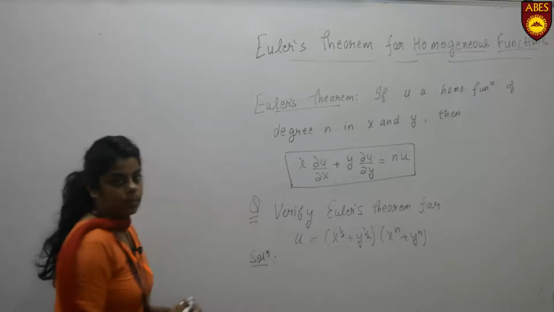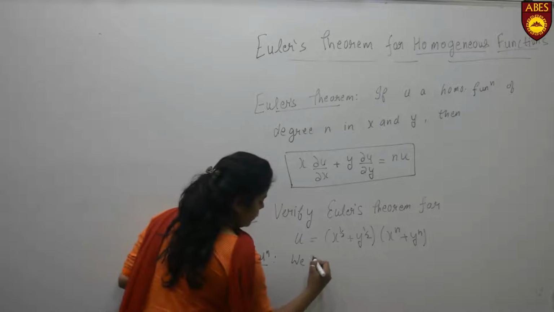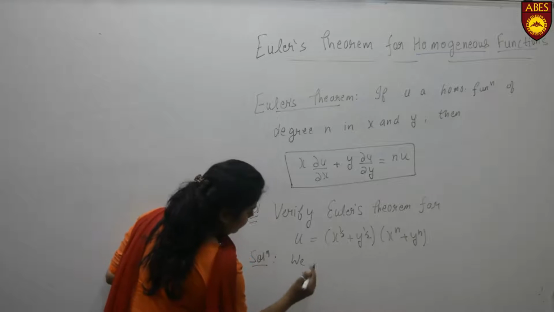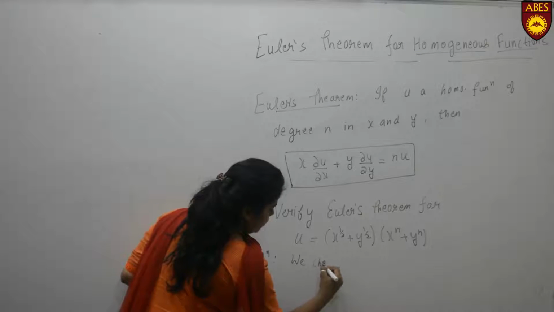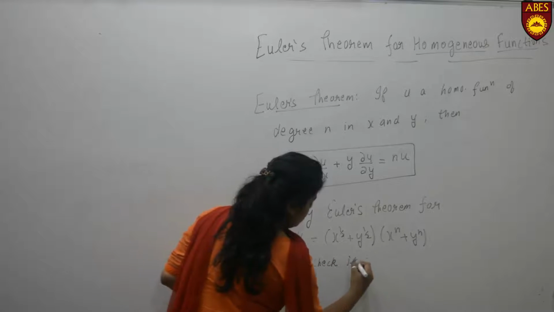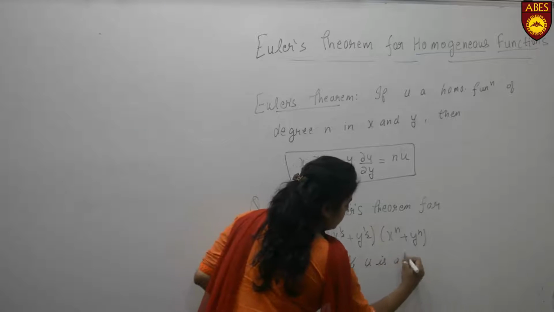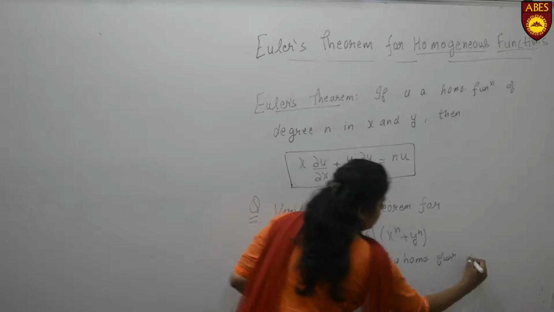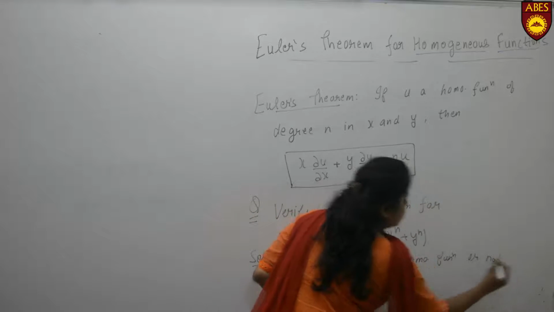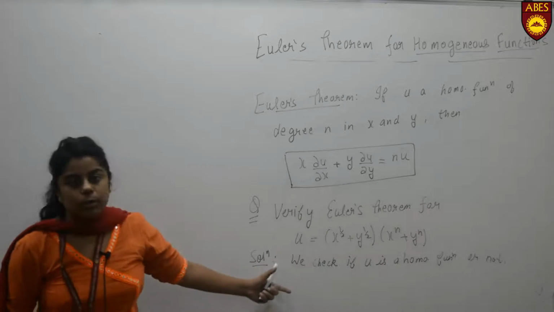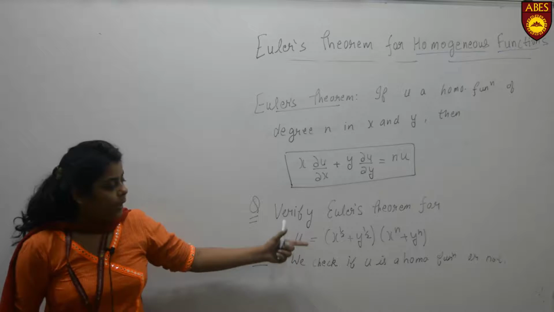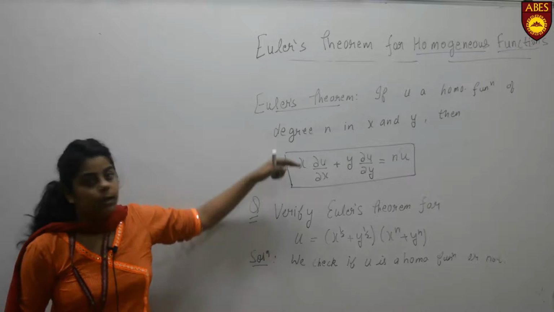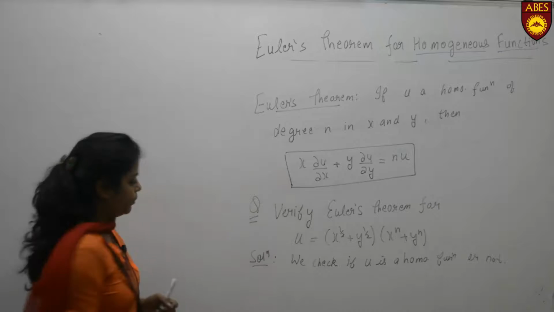Solution. So our step 1 is to check if u is a homogeneous function or not. If we find it as a homogeneous function, we can apply Euler's theorem.